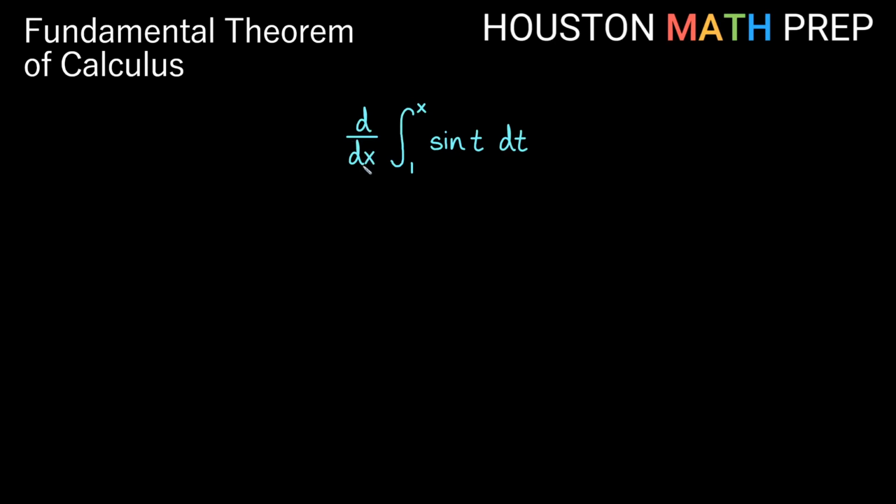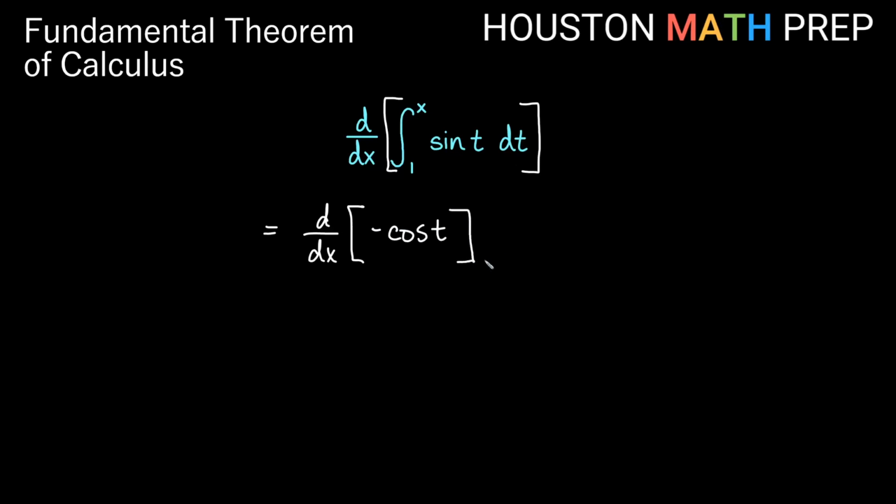So we have the derivative with respect to x of the definite integral from 1 to x of sine of t dt, right? So these are t bounds because we're integrating with respect to t. So let's first go ahead and do our integral, and then we'll worry about the derivative part. So we'll go ahead and say the derivative with respect to x, we'll keep that out there. And now, what is this antiderivative? Well, when we take the antiderivative of sine of t, we actually get negative cosine of t.